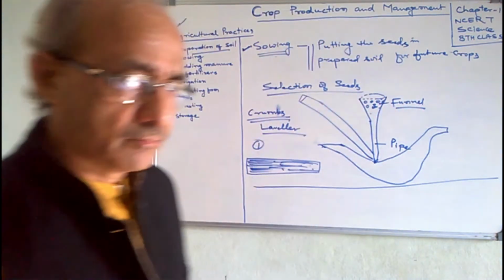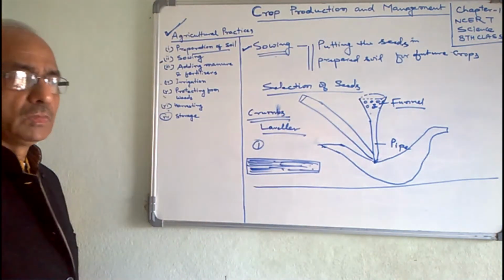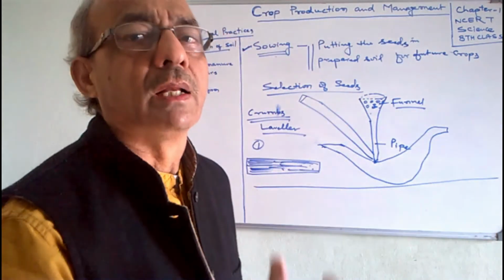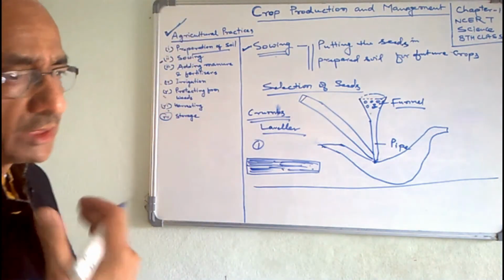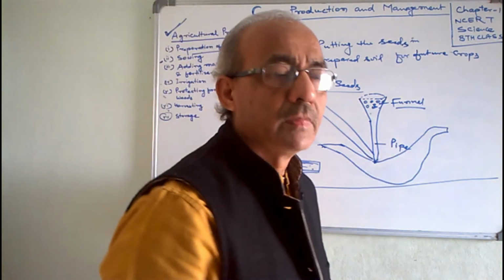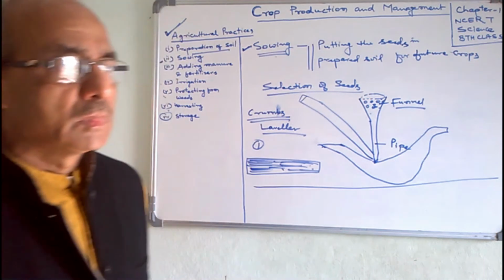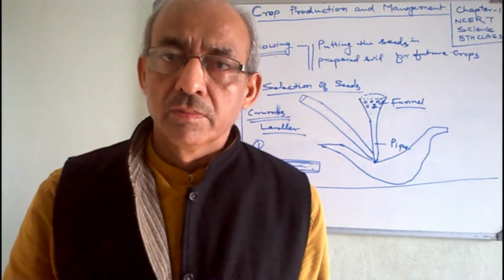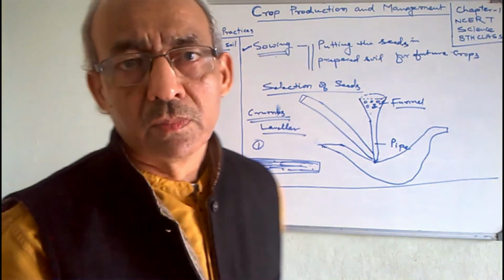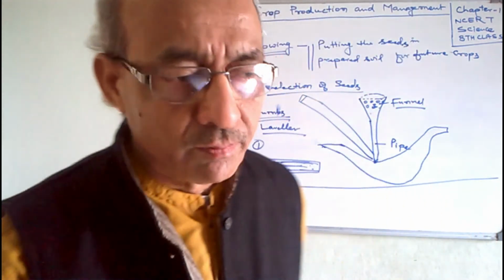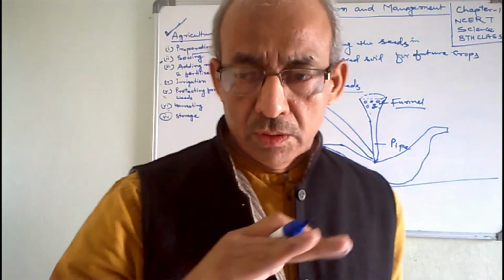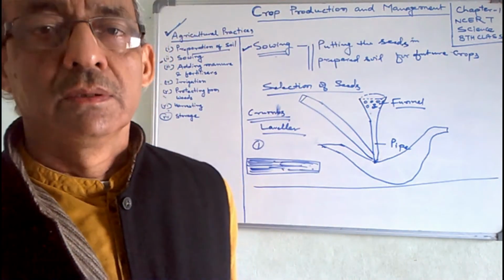And the second precaution, the seeds should not be on the upper layer of the soil. Otherwise, the seeds will get dried in the sun, and certain animals like birds will eat the seeds. In both ways, the seeds will be damaged. So seeds should not be on the surface of the soil.